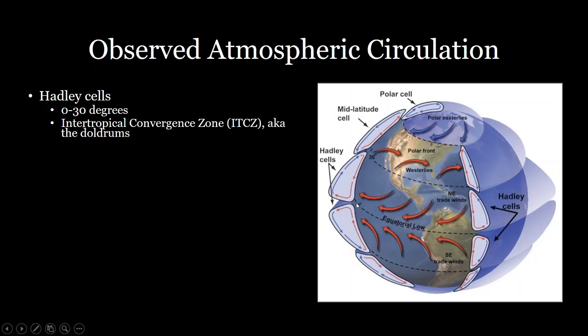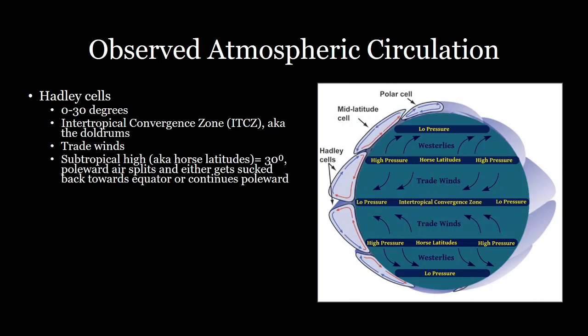That convergence creates the ITCZ, and it also causes some strong winds to develop. As you can see here, these are the trade winds. We call these trade winds in the tropical region the doldrums. They generally move from east to west.